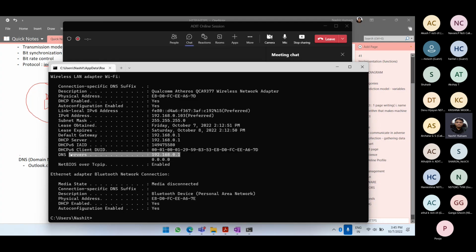So don't think that we are implementing a completely different host resolver or DNS resolvers. Those DNS servers are being provided by your gateway as well. So gateways can provide you with the DNS servers. So I hope you understood this.